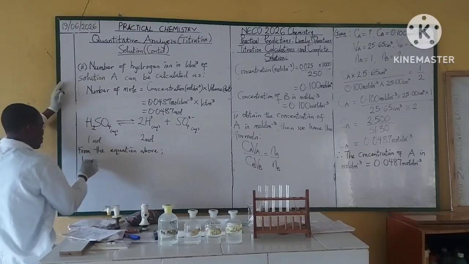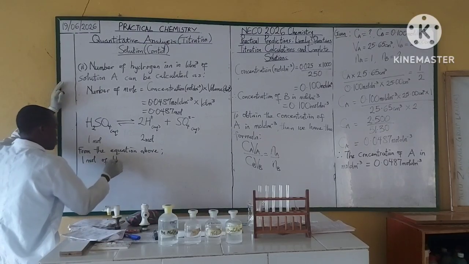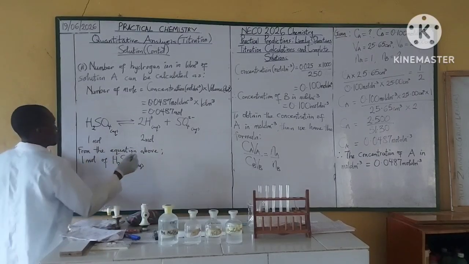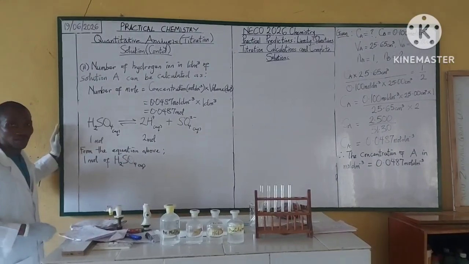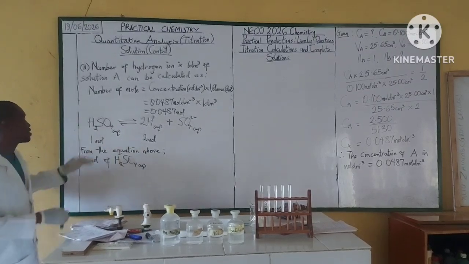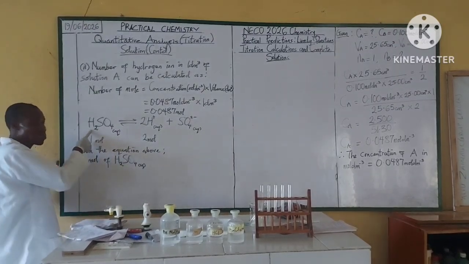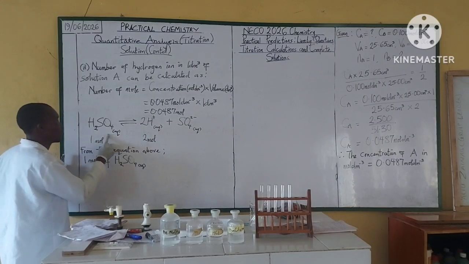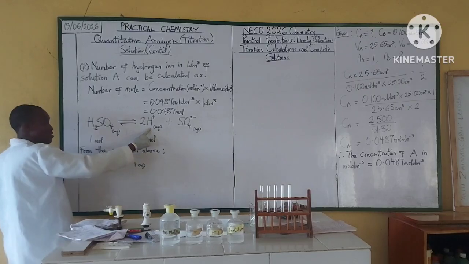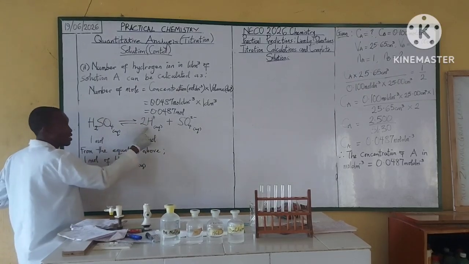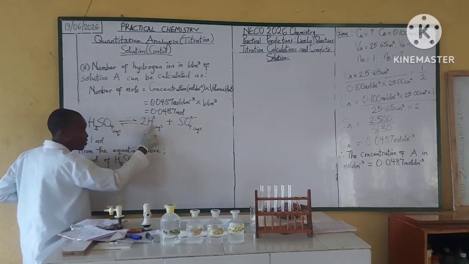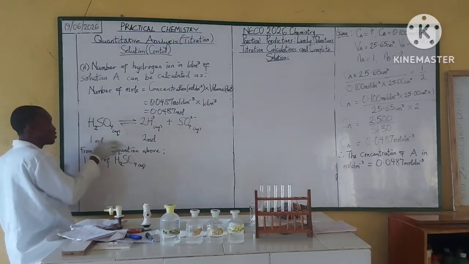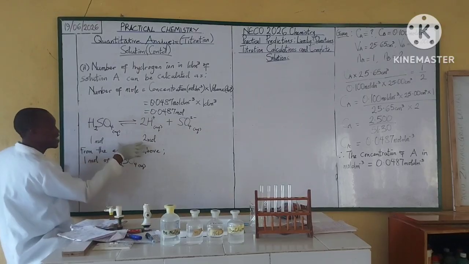From the equation above, 1 mole of H2SO4, referring to this equation on the board, liberates in water 2 moles of hydrogen ion and 1 mole of tetraoxosulfate VI ion.